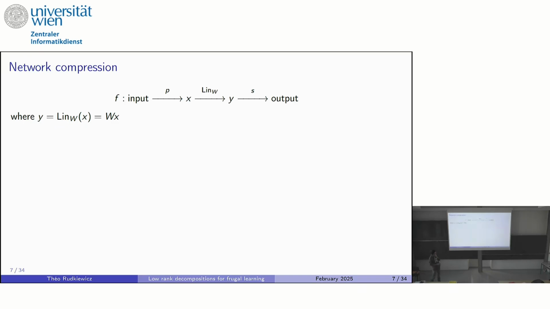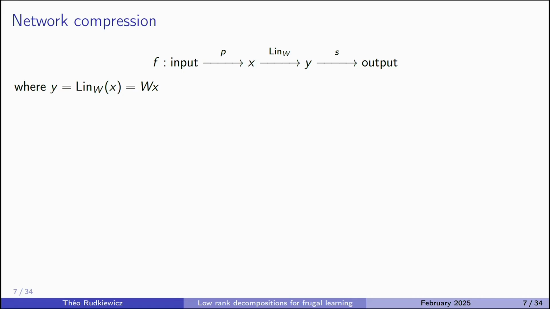Imagine we have a network with a function that is computing things, then we have an x, and then we apply a linear layer, get a y, and then compute other things. The goal here is to get this layer and transform it to a smaller layer. To recall the expression, y is equal to Wx, where W is the parameters.